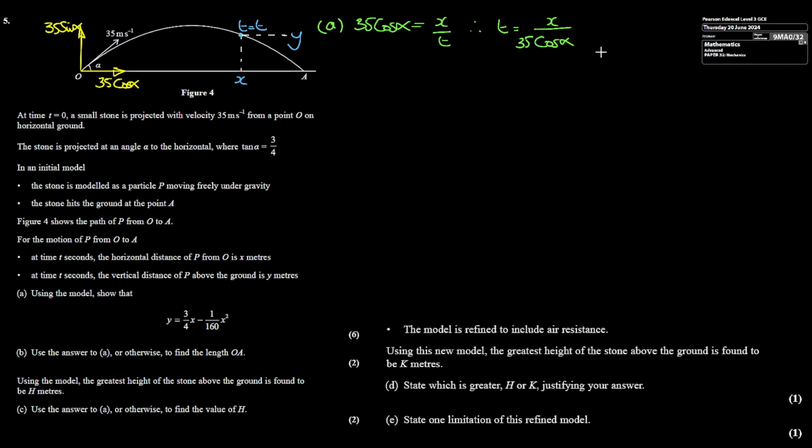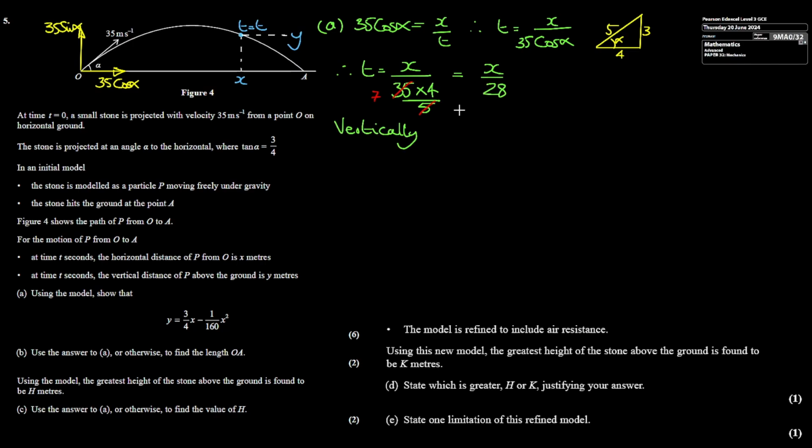So t is equal to x over 35 cos alpha. Now let's get a value for cos alpha. We're given that tan alpha is 3 over 4. Here's the triangle that fits, so therefore I can say that t is equal to x over 35 multiplied by 4 over 5. The 5 goes into the 35 7 times. So I get that t is x over 28.